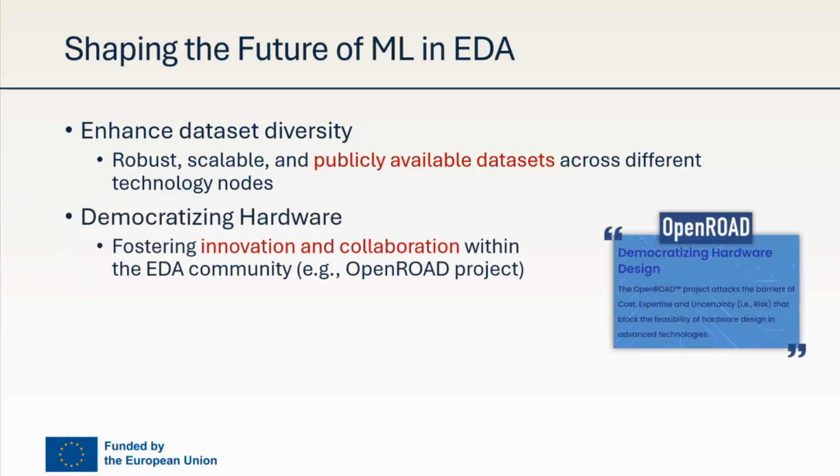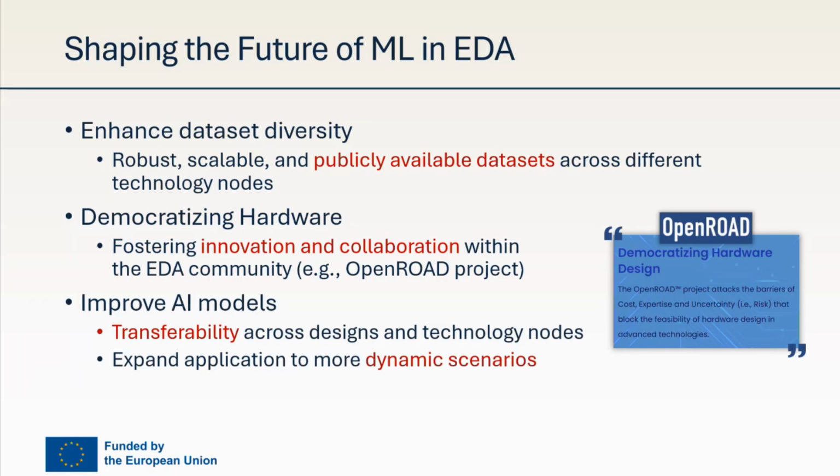Second, we should work towards democratizing hardware tools and foster innovation and collaboration within the EDA community, following the example of open initiatives like the OpenROAD Project. And third, AI models themselves can be improved, as there is still room to refine them and thus make them more adaptable across different designs, while also expanding them to more dynamic scenarios.